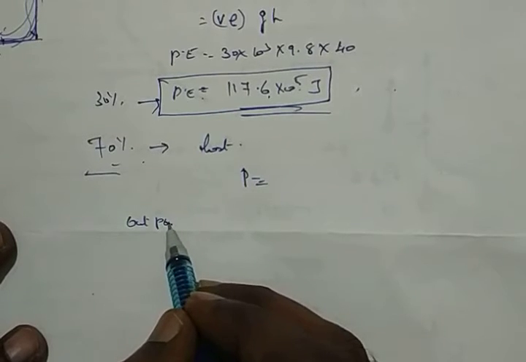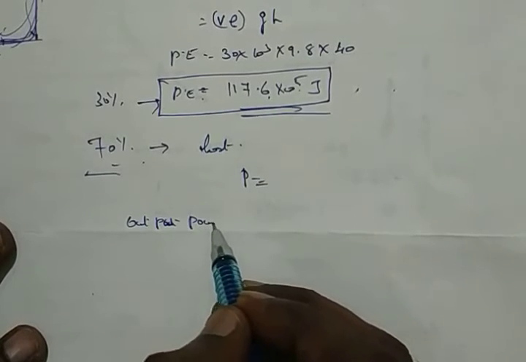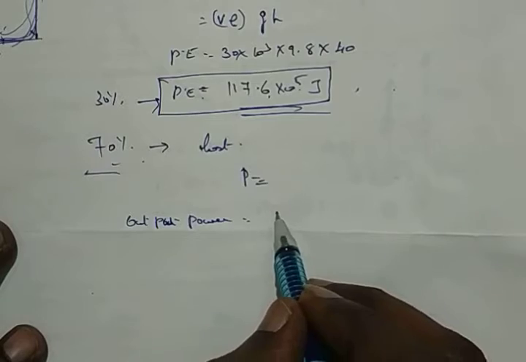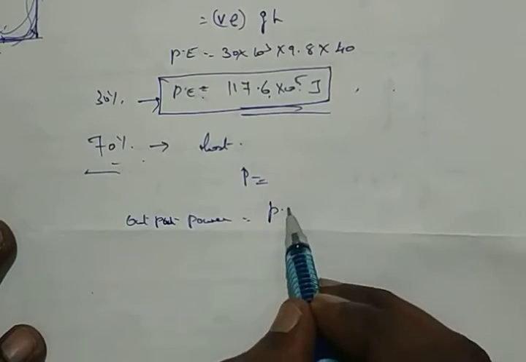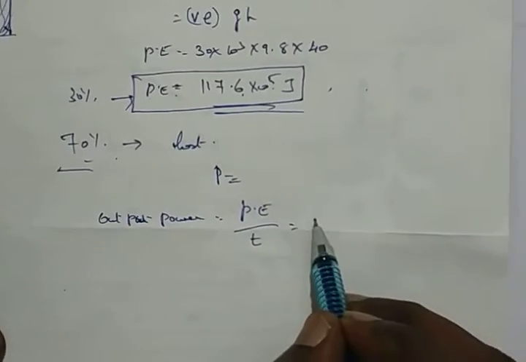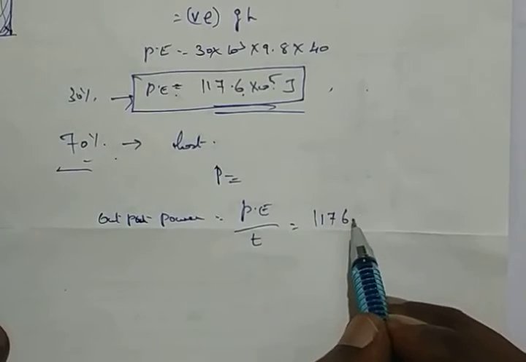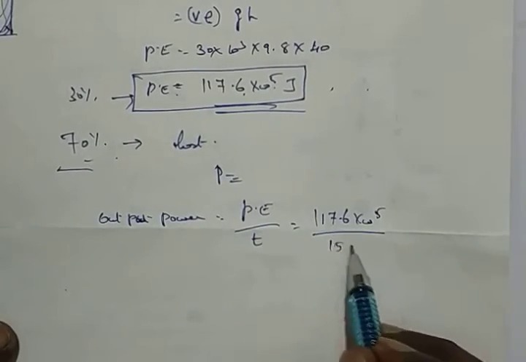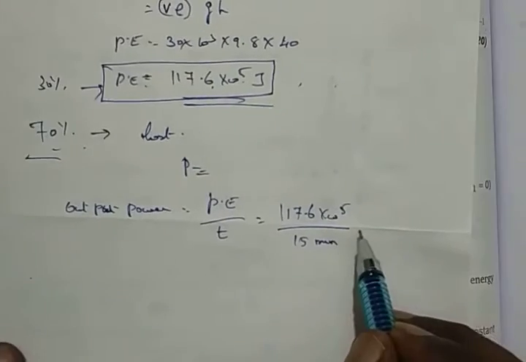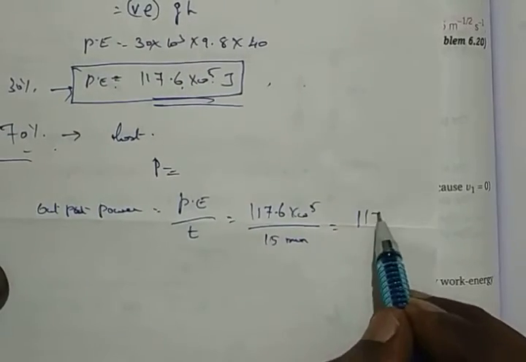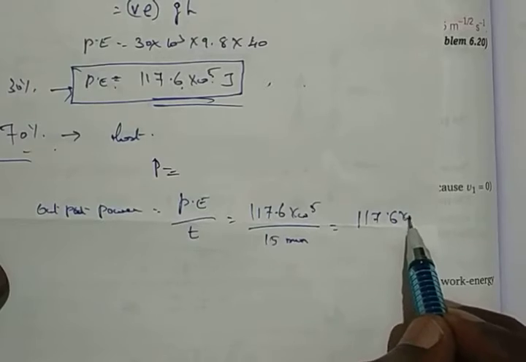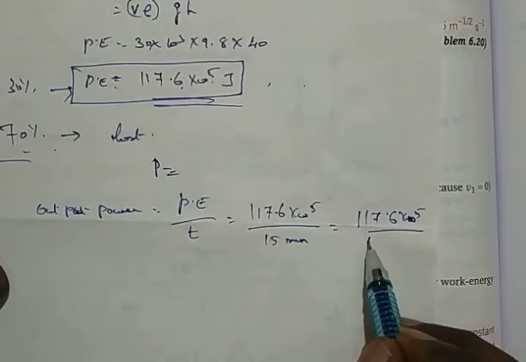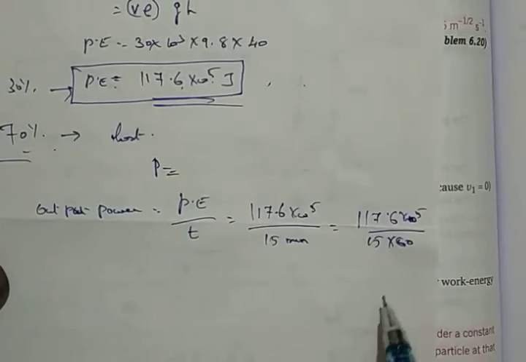Output power is the rate of doing this work, potential energy upon time taken. So we know 117.6 into 10 to the power of 5 upon 15 minutes, that is equal to 117.6 into 10 to the power of 5 upon 15 into 60.